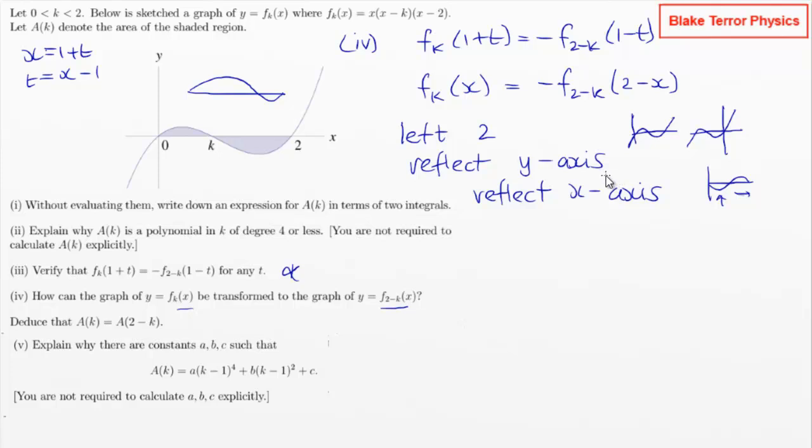Okay, so that's going to be a rotation about 1, 0, is another way of putting that. I think that's coming out the same way, or rotation of 180 degrees about the point 1, 0. Okay, deduce that the area hasn't changed. Well, whatever set of transformations we use, the area hasn't changed.